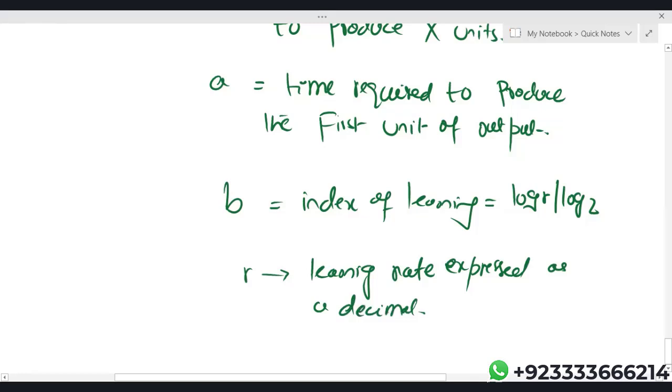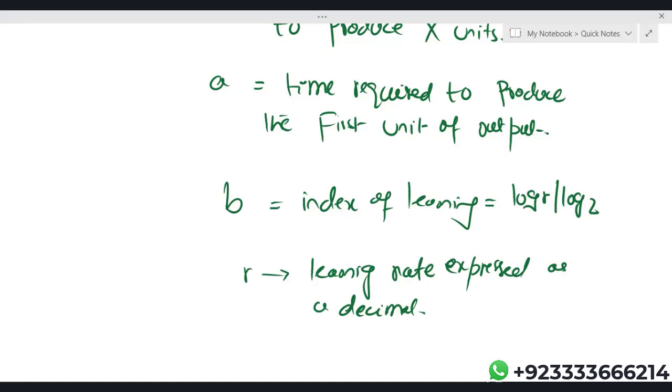Okay. Now, how are we going to utilize this formula? Number 2, if we don't know the learning rate, then what to do? How to calculate the learning rate? And how are we going to utilize this formula on the spreadsheet? All these things we are going to discuss in the next class. The next class is going to be extremely important, in which we will learn the entire application of the learning curve formula.